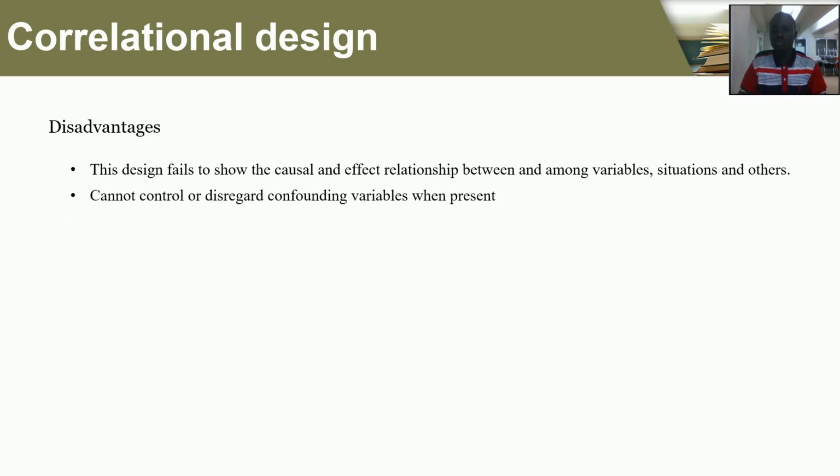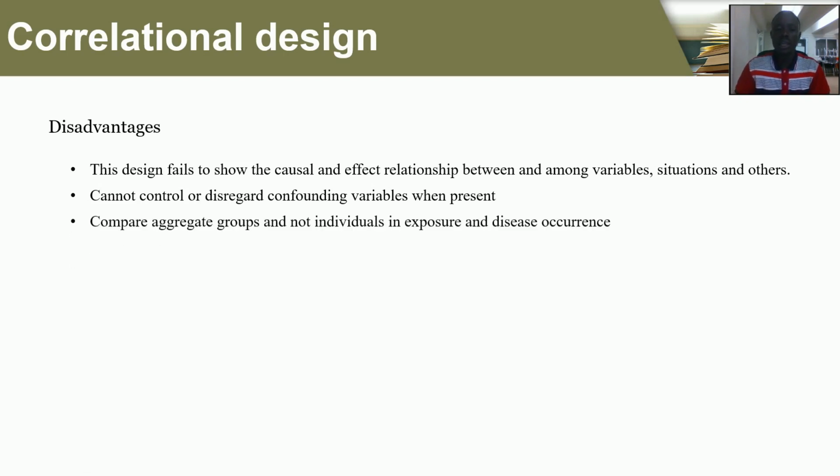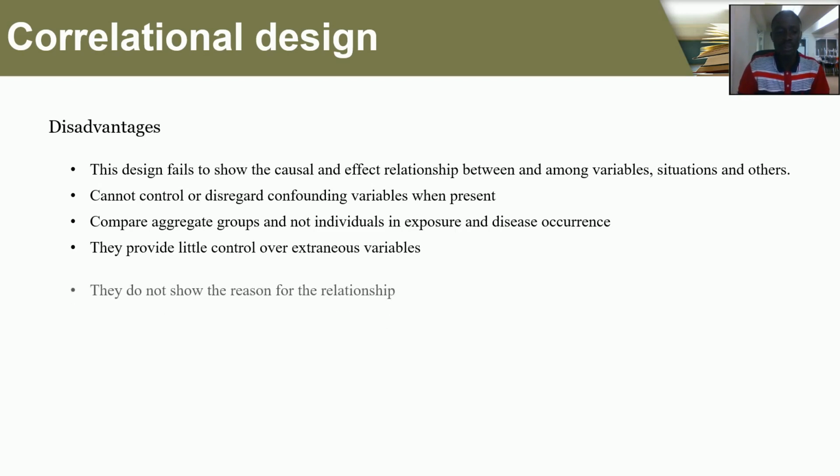It cannot control or disregard confounding variables when present. It can compare aggregate groups and not individuals in exposure and disease occurrence. They provide little control over extraneous variables as compared to the experimental design. They do not show the reason for the relationship.